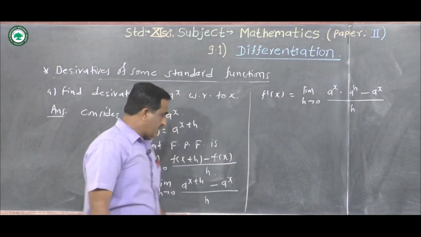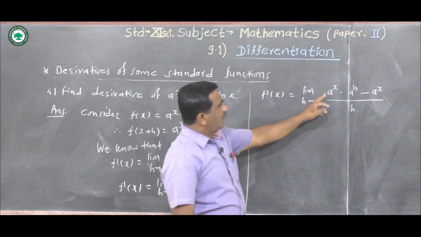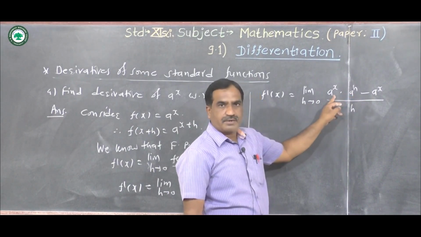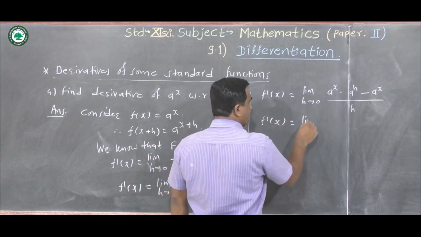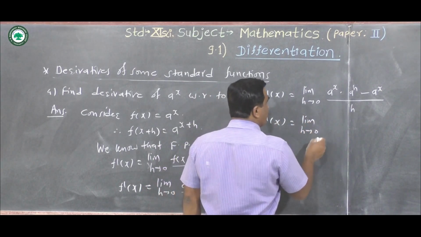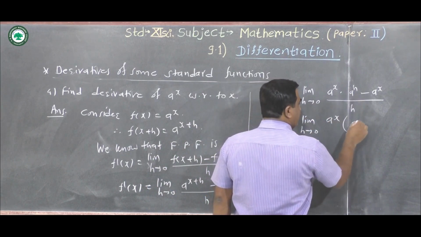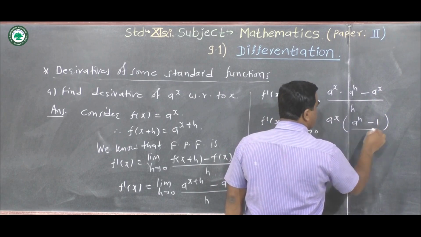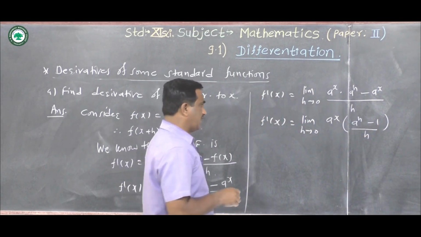By rules of indices, we can write a raised to x plus h is equal to a raised to x into a raised to h. We can take a raised to x common. Therefore, f dash of x is equal to limit h tends to 0, a raised to x is common, into in bracket a raised to h minus 1 upon h.